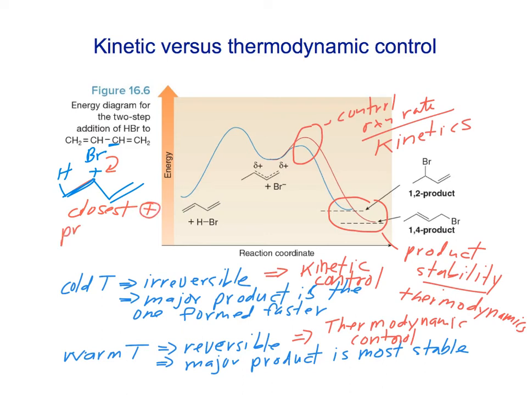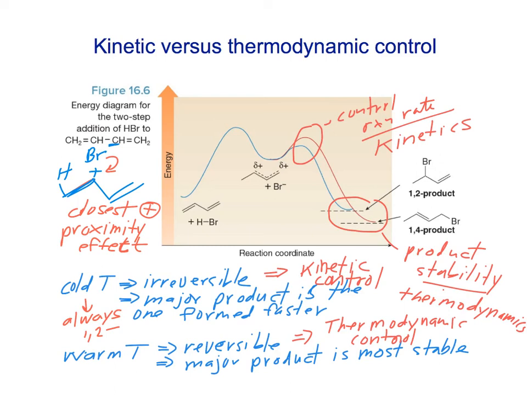This is the proximity effect. And so that's why kinetic control at cold temperatures always gives the 1,2 addition. Okay? We'll see that there could be different cations. It's always going to protonate at the position to form the most stable carbocation, but then the bromide is always going to do a 1,2 addition if we're at cold temperatures. Okay?